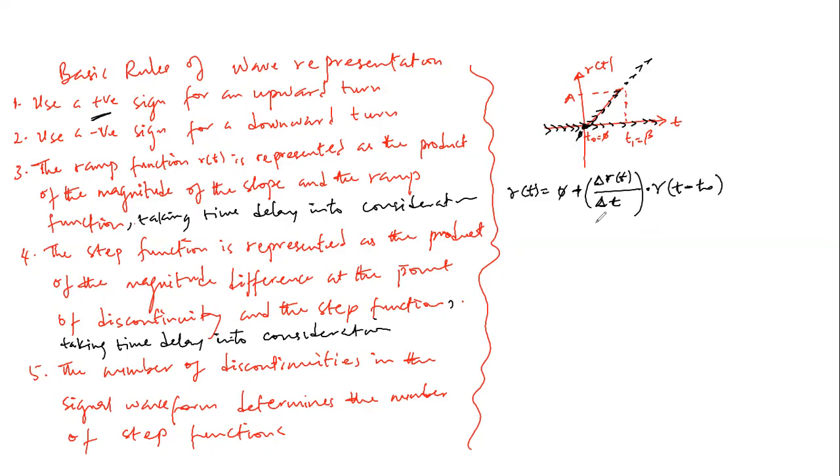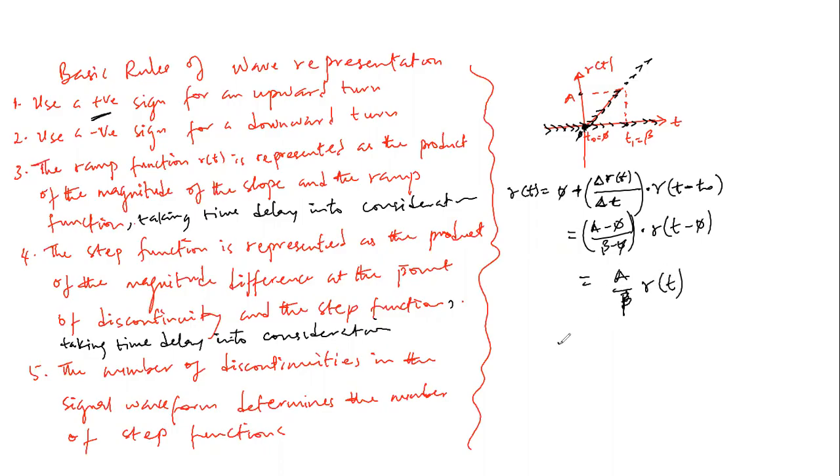Once we plug in these parameters, the difference is A minus 0, divided by beta minus 0, times r of t, where t naught is 0, so t minus 0. This is going to give us A over beta r of t.